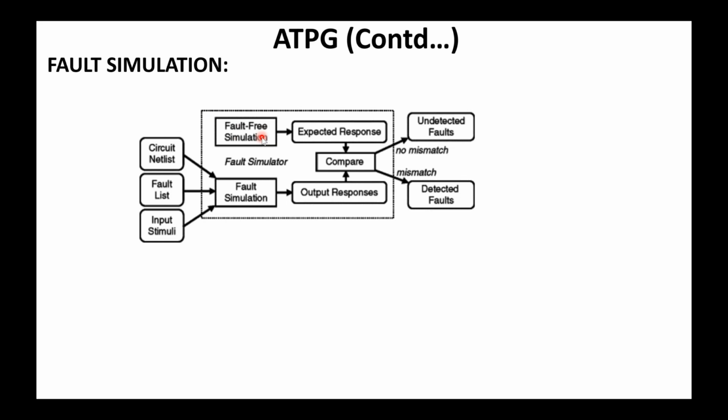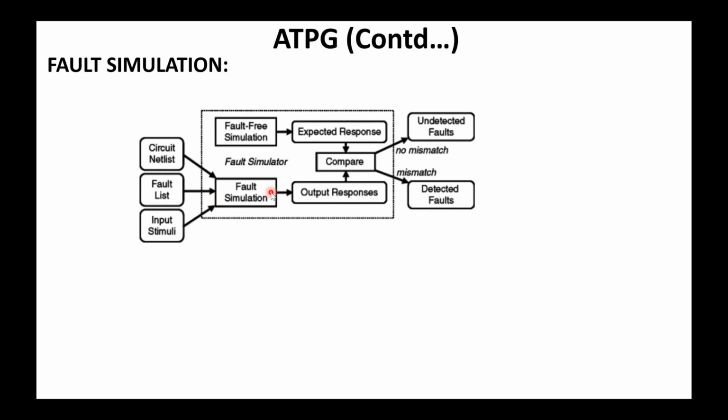Then, inside its internal memory, it automatically creates a copy of the design, and in this copy it induces all possible manufacturing defects, that is, all the defects which can occur after manufacturing.